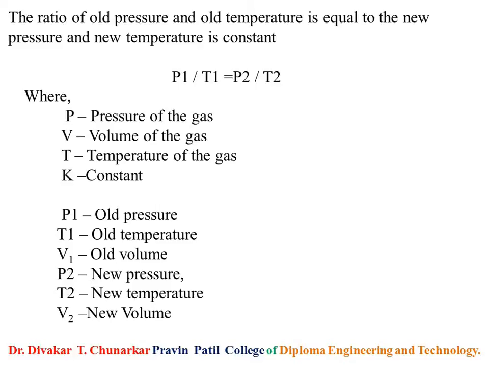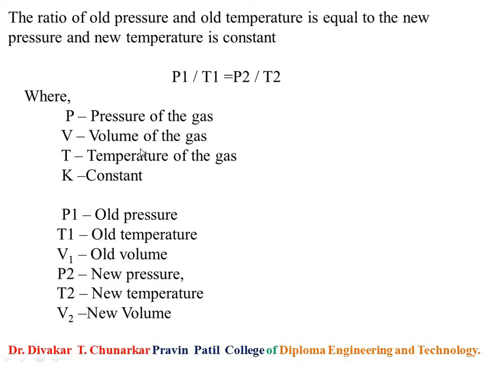P1 V1 equals P2 V2 in case of Boyle's law, V1 upon T1 equals V2 upon T2 in case of Charles's law, P1 upon T1 equals P2 upon T2 in case of Gay-Lussac's law. All these parameters are very important for your examination.